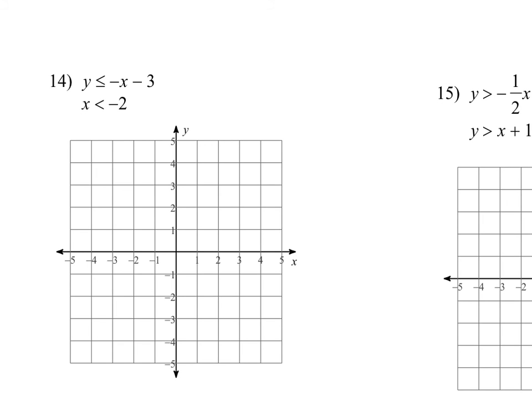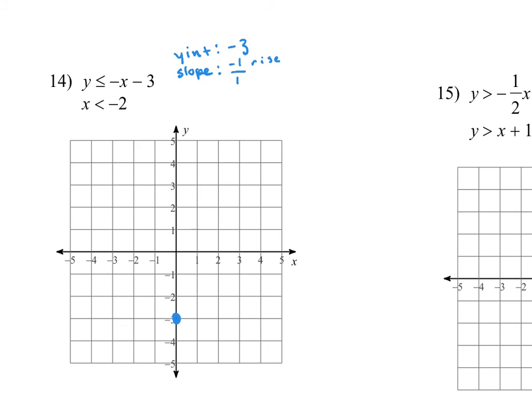So our first inequality, what is our y-intercept? -3. So we put a point at -3. What's our slope? -1 over 1.